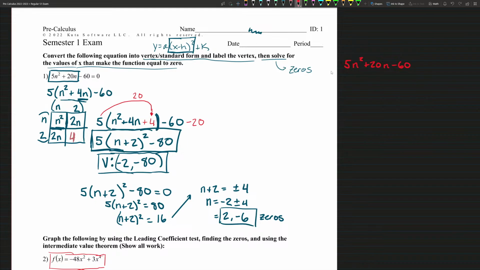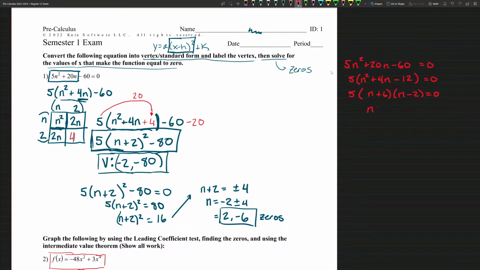is straight away just factor this thing. And if we continue to factor this, we're going to get n plus 6, n minus 2.